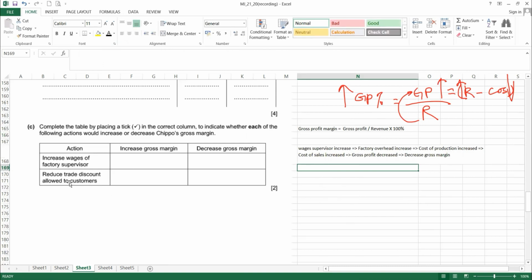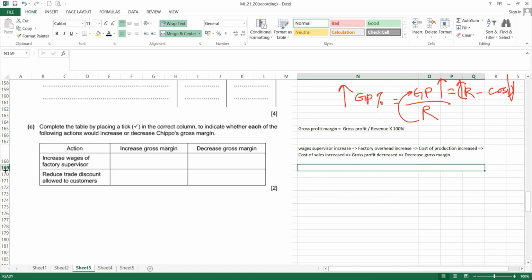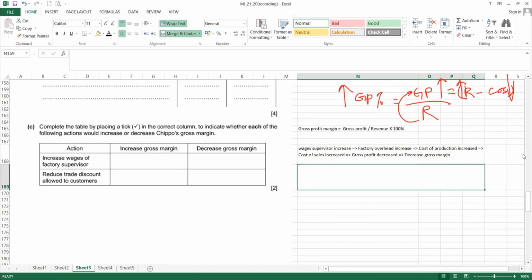Next is reduce trade discount allowed to customer. So, let me copy this. Trade discount is to encourage customers to buy more or make bulk purchases.